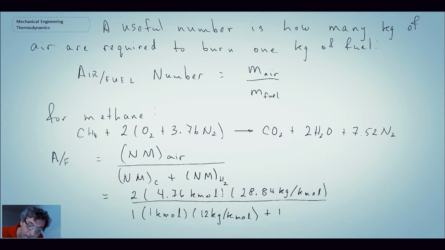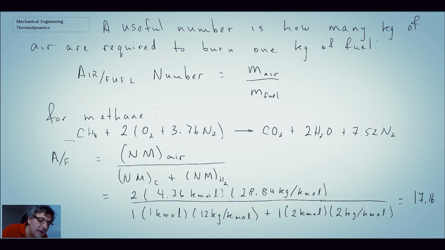There's a 1 in front of the CH4 methane in the reaction equation, and we have 2 kilomoles because we have H4, so 2 kilomoles of diatomic hydrogen, and the molar mass of diatomic hydrogen is 2 kilograms per kilomole. When you go through this, you get an air to fuel ratio of 17.16, and that would be the air to fuel ratio for methane for a stoichiometric reaction.